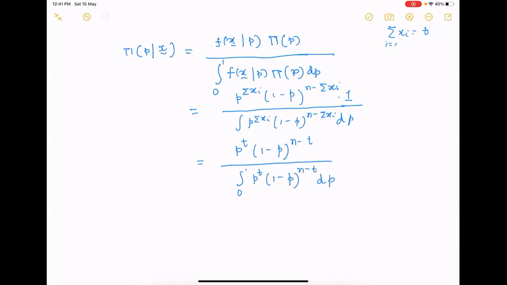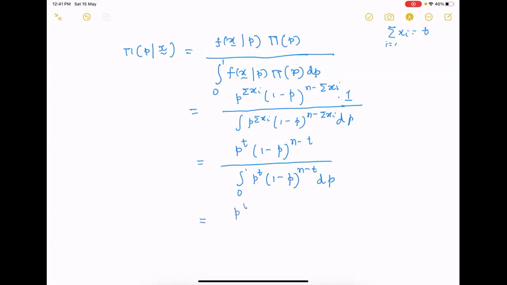Now can anybody tell me what will be the solution of this integration? This is a simple, very well-known integration. Sir, it's a beta integral, I think. Correct. This is a beta integral.